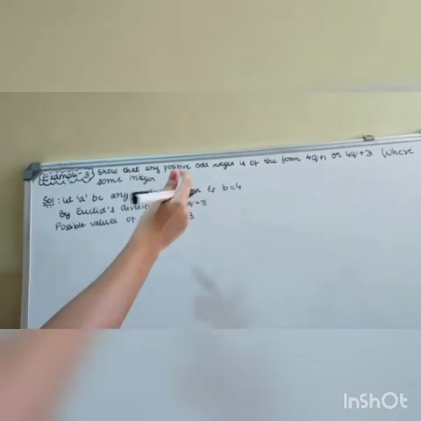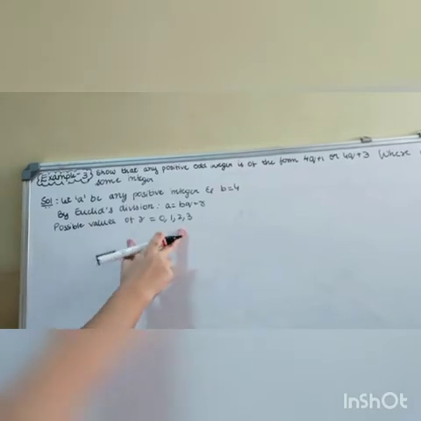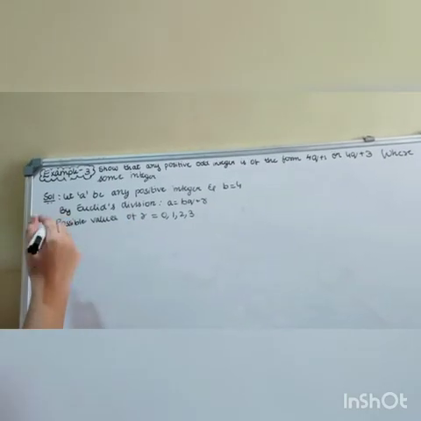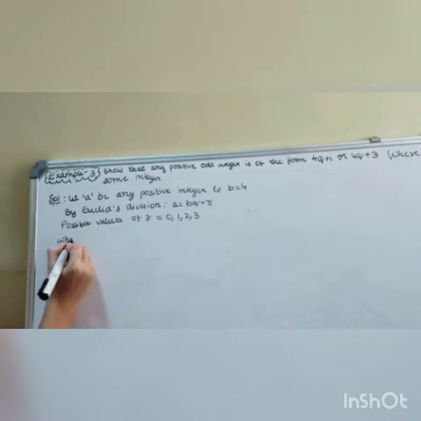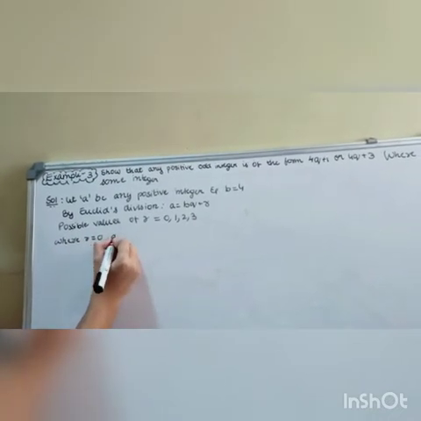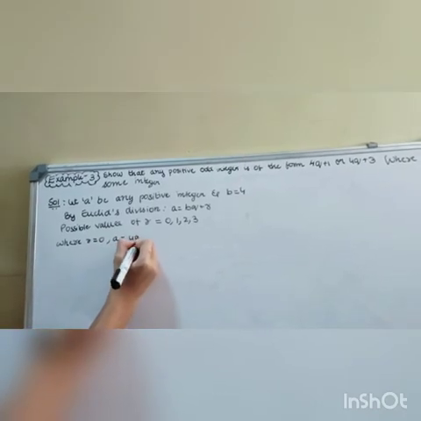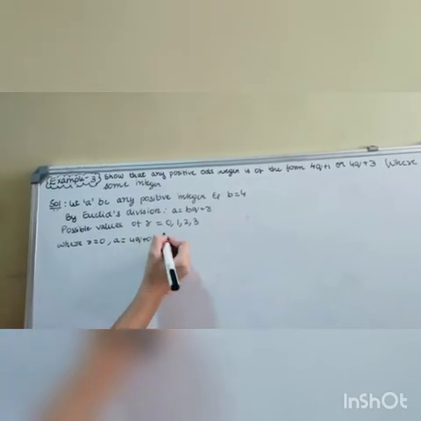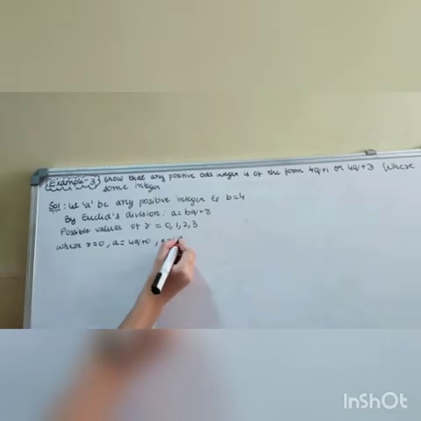Now these numbers are less than b. First we will take r equal to 0. So a = 4q + 0, where a is equal to 4q.